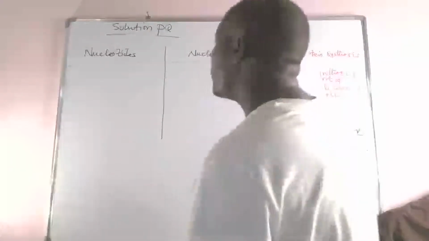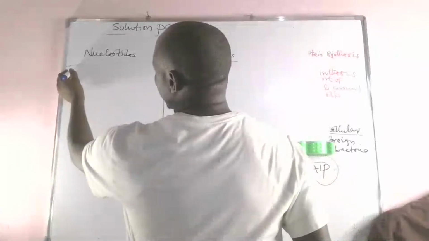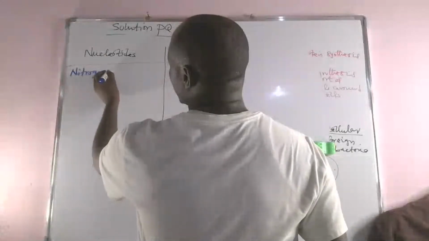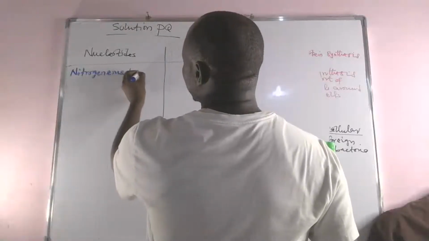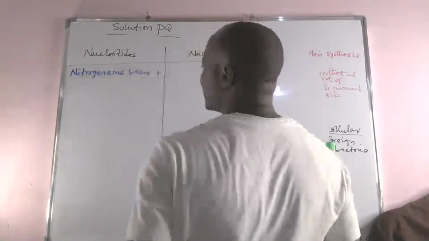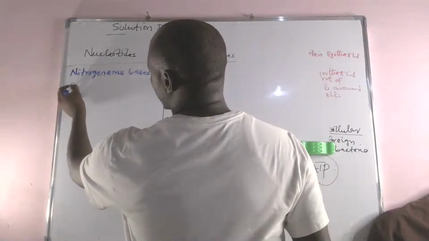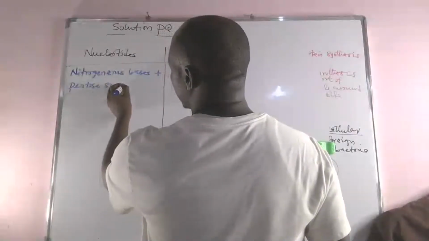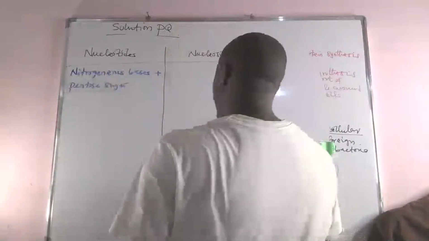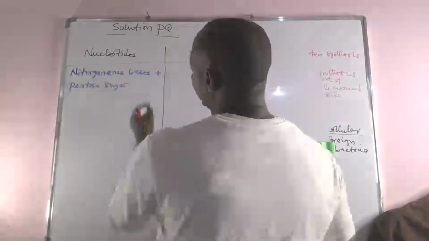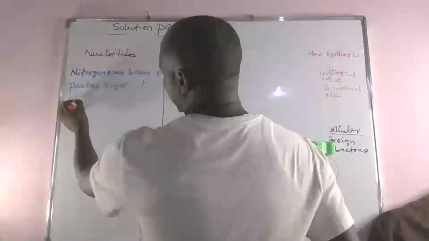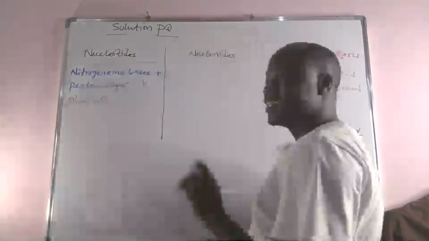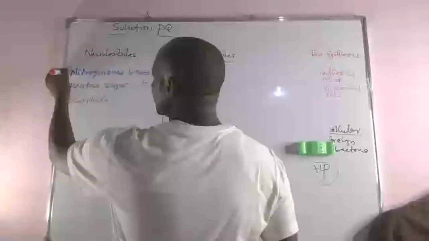Excellent. So the nucleotide is made up of nitrogenous bases plus pentose sugar plus phosphates. So that is the first difference in terms of composition.